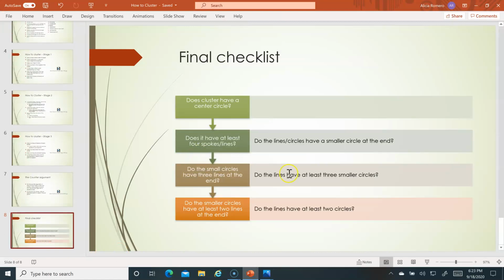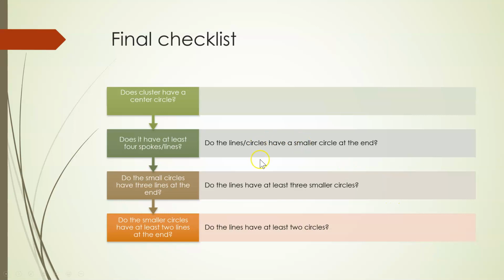So finally, the final checklist for your cluster is the following. Do you have a cluster at the center? And you should have one. Does it have at least 4 spokes or lines out of it? And do those lines have smaller circles at the end of those? Those would be your major points of support. Then we transition on to, do these small circles have 3 additional lines at the end of them?